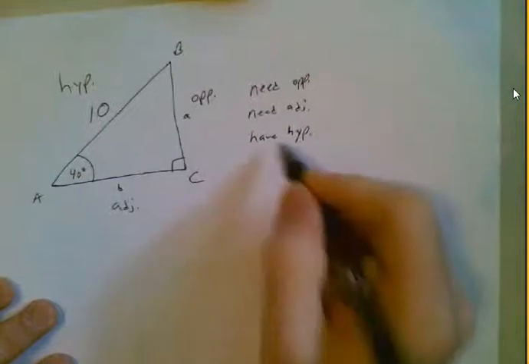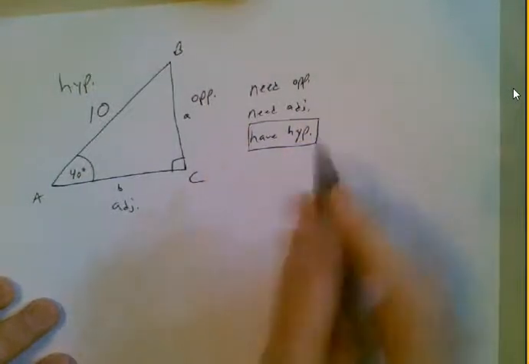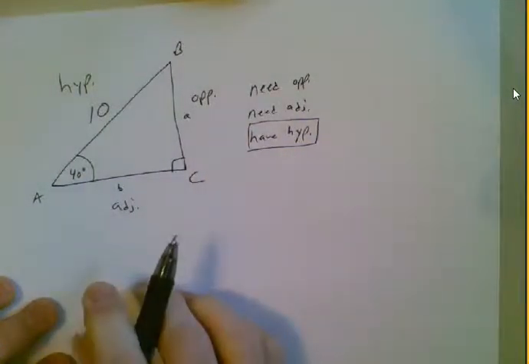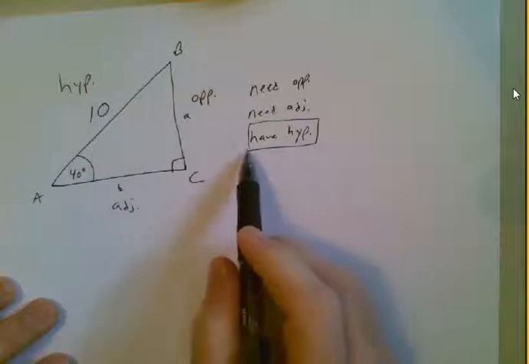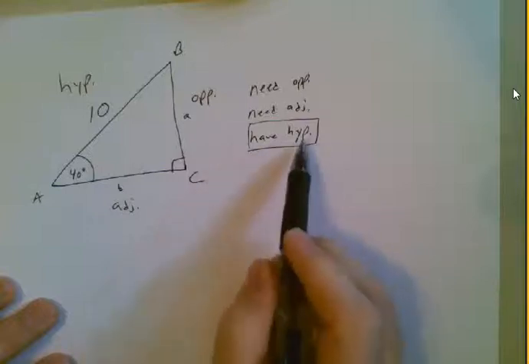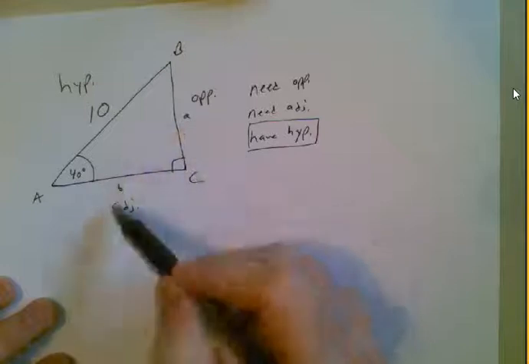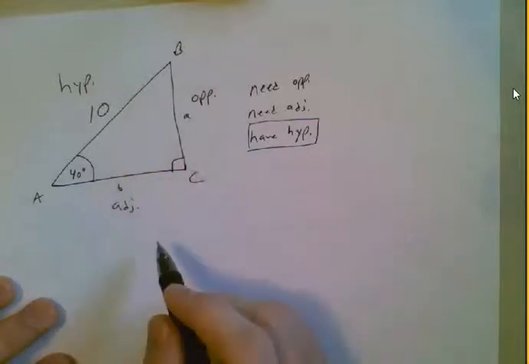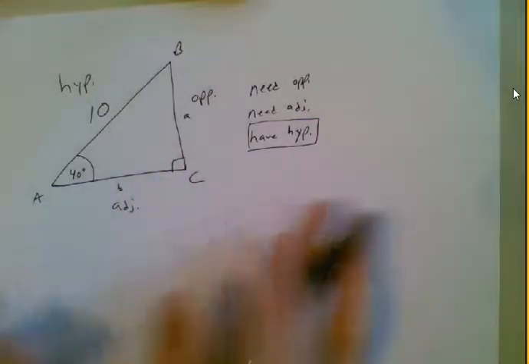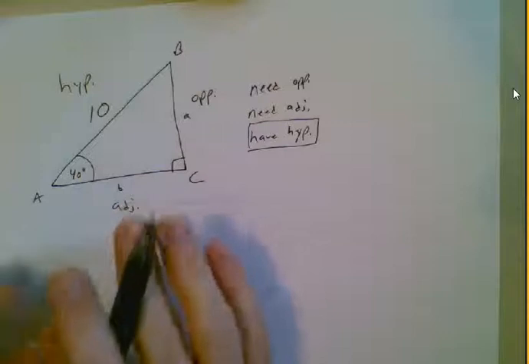Because I have the hypotenuse, I want to use it in my equation, so whatever trigonometric ratio I pick will use the hypotenuse, because that's the number I actually know. And for A and B, I'll just have to do one at a time.